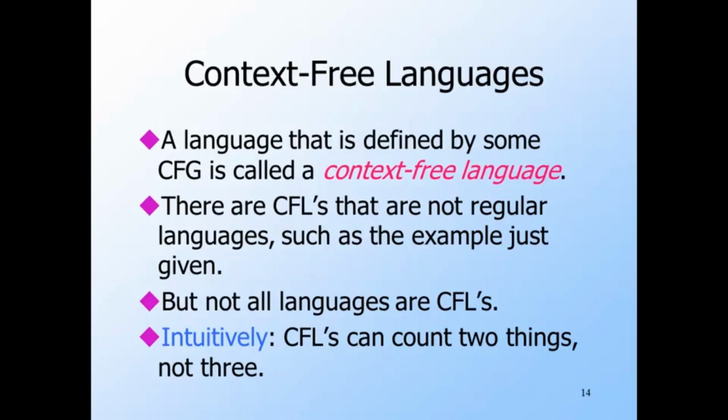Thus, an example of a language that is not context-free is 0 to the n, 1 to the n, 2 to the n, say such that n is equal to or greater than 1. That is, you cannot match both the zeros against the ones and the ones against the 2s at the same time.